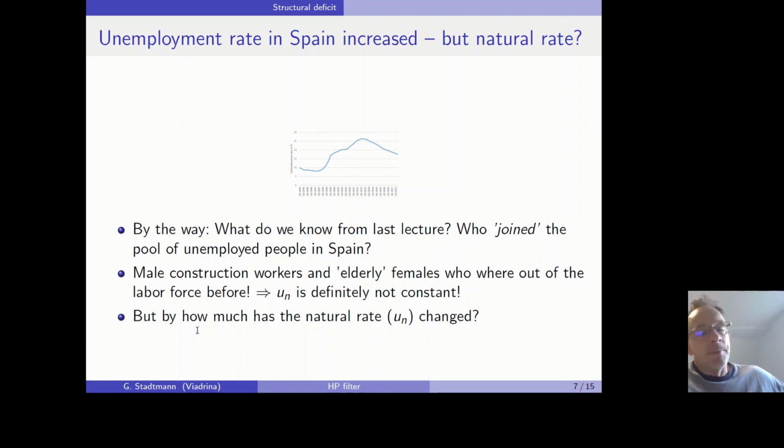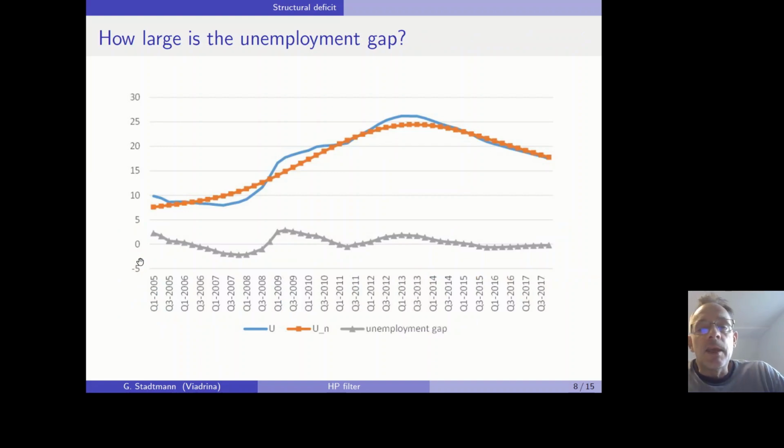In the next graph, we have once more a line diagram, and the blue line is the unemployment rate, and the orange line is the natural rate of unemployment.